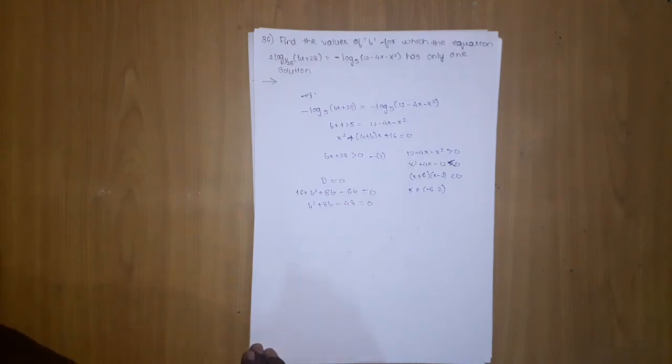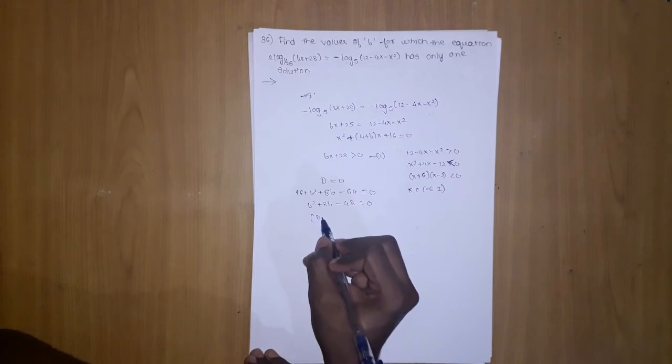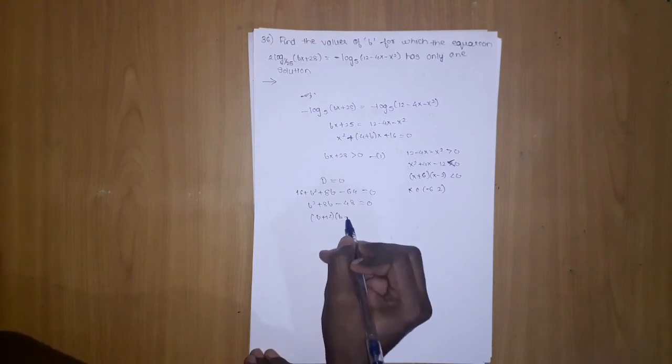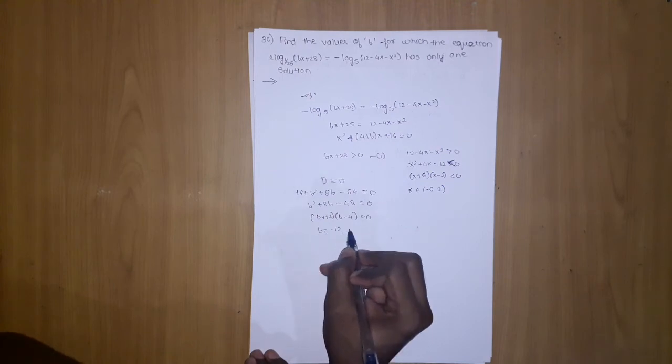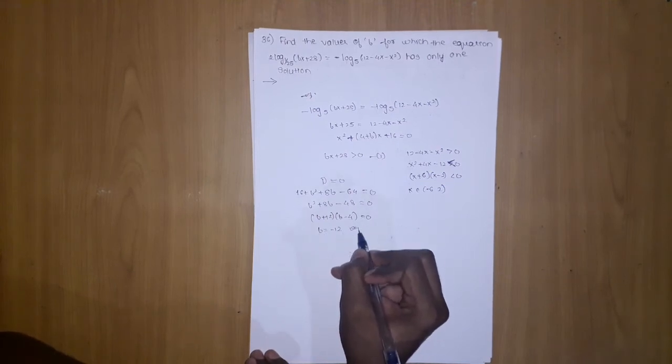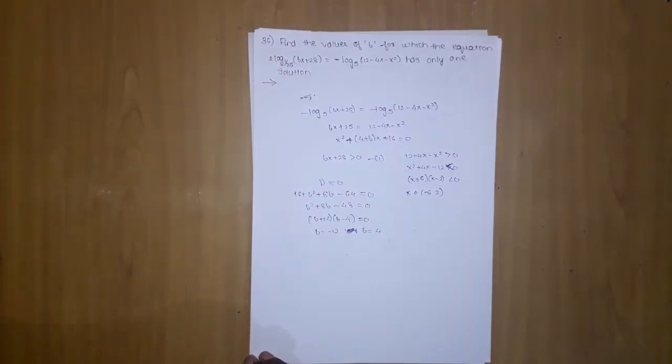Okay, what we can do, it can be b plus 12, b minus 4 should be equal to 0. So b equals minus 12, b equals 4.